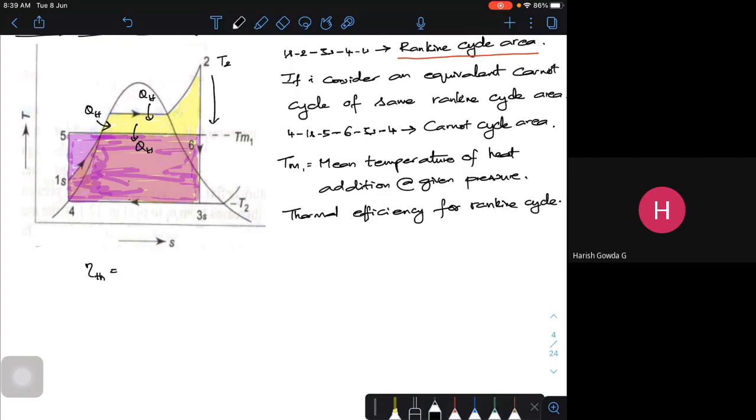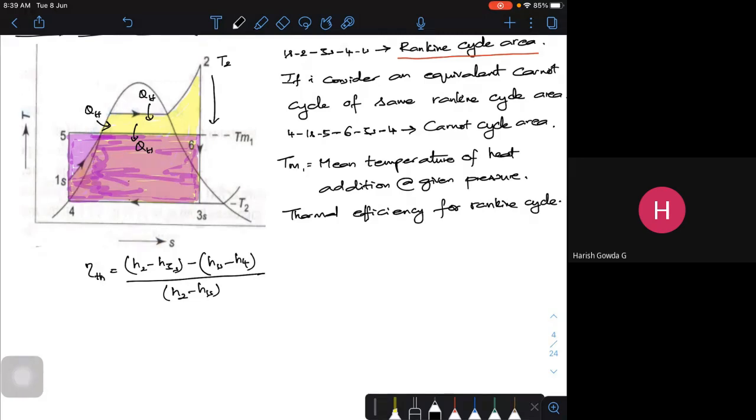The turbine work is H2 minus H3S, minus the pump work, which is H1S minus H4, whole thing divided by the heat supplied, that is H2 minus H1S. The S is just to tell that this is isentropic.